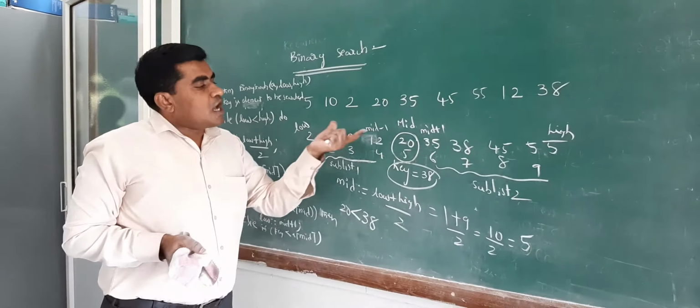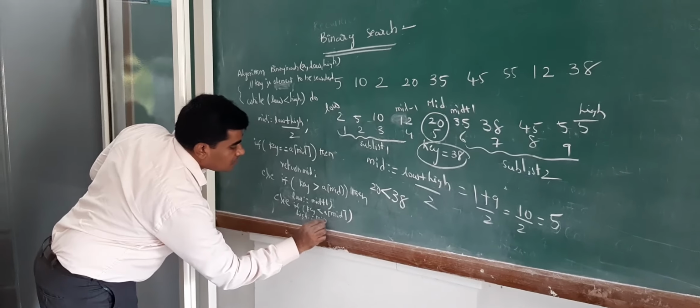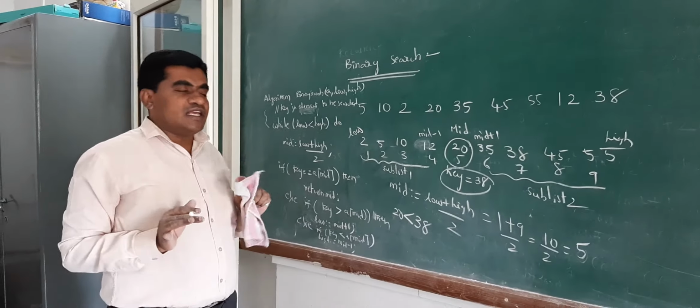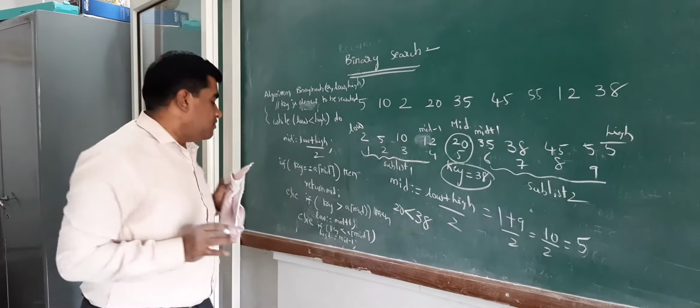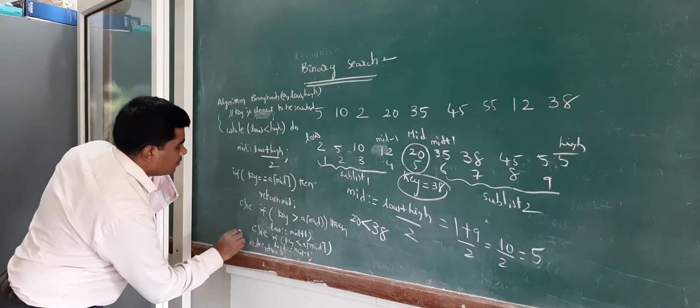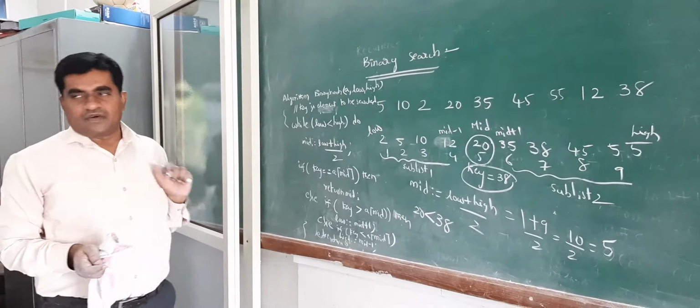So high starts from low and ends at mid minus 1. So high equal to mid minus 1. See, in all these cases, suppose we are not getting the element, then else return 0. Element is not found.